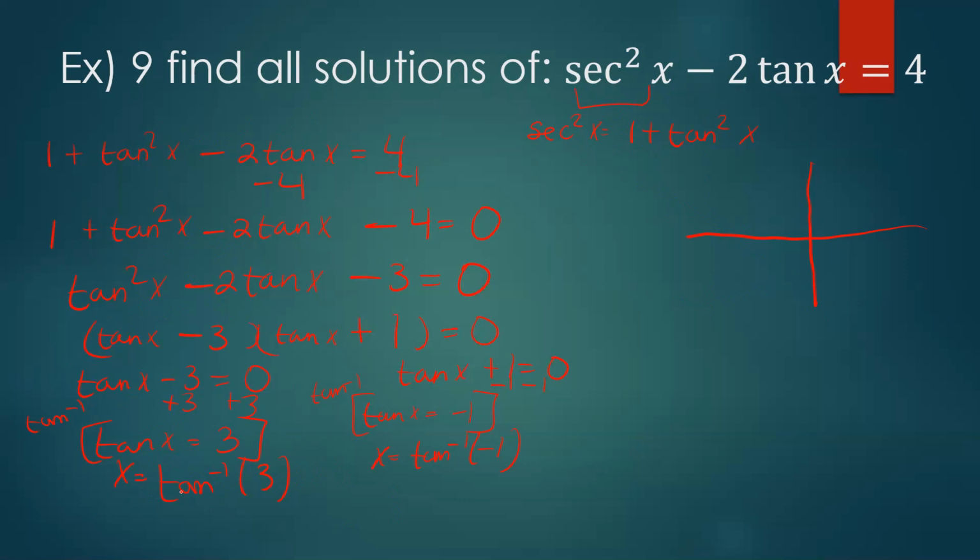So I think that's just one answer. It would be x equals tan inverse of 3 plus pi k. And then the other one is, where is tan inverse of negative 1? So that's 3 pi over 4 and 7 pi over 4.